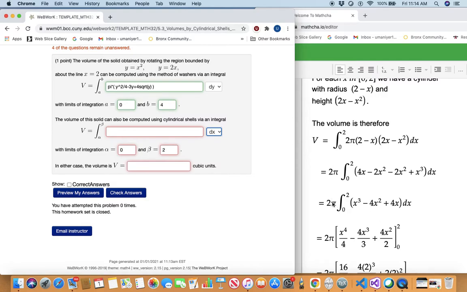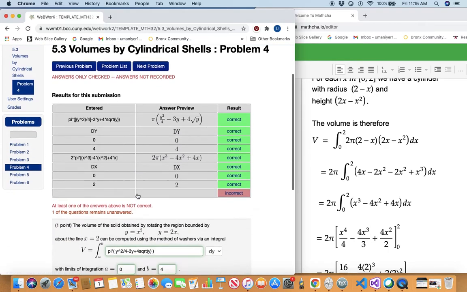And what goes inside, don't forget 2 pi. 2 pi times parentheses. This is x power 3 minus 4x power 2 plus 4x. Don't forget to close the parenthesis. So let's make sure it's all correct.